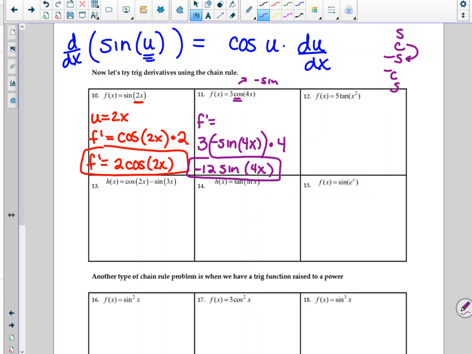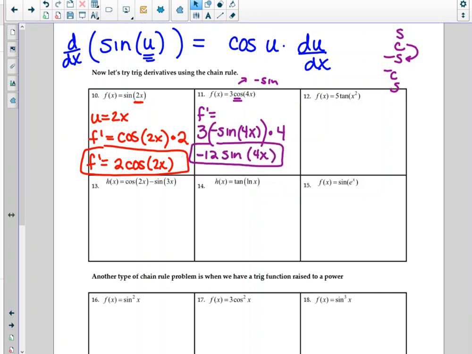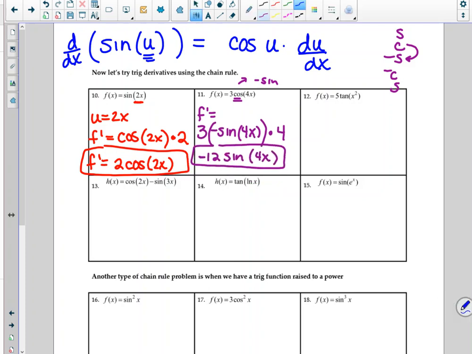If you notice, I've thrown some other fun guys in here, like number 14. It's got a natural log in there. So the main function is the tangent. So when I take the derivative, and if you want to do this, you can sort of think about the u, that the u is the natural log of x.